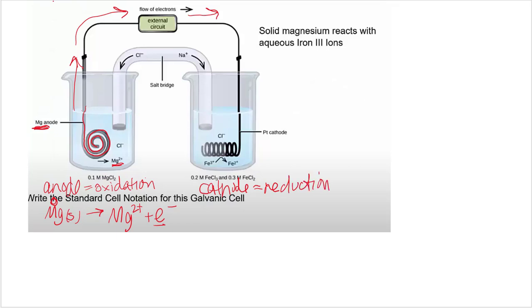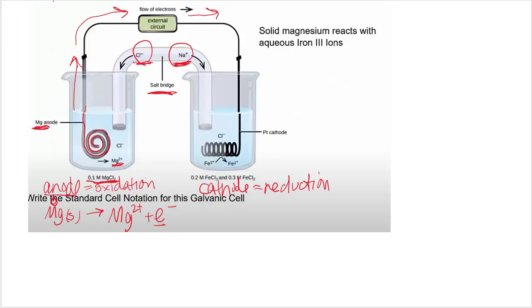And now what's happening over here? Actually, I'm backing up before we get into details about our cathode. With our anode, where oxidation is happening, my magnesium is in a solution of magnesium chloride, that it tells me down here. And I have this salt bridge, and my salt bridge contains sodium chloride, so regular table salt, giving me the sodium cations and chloride anions.